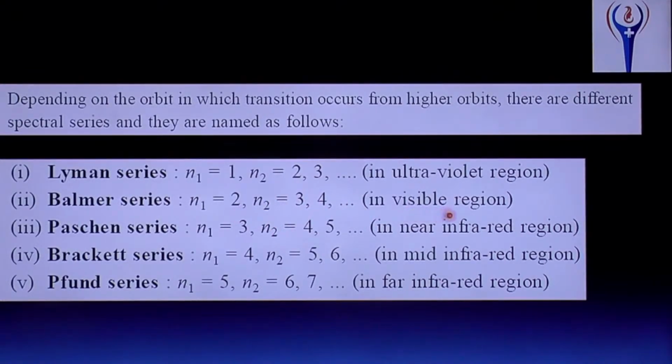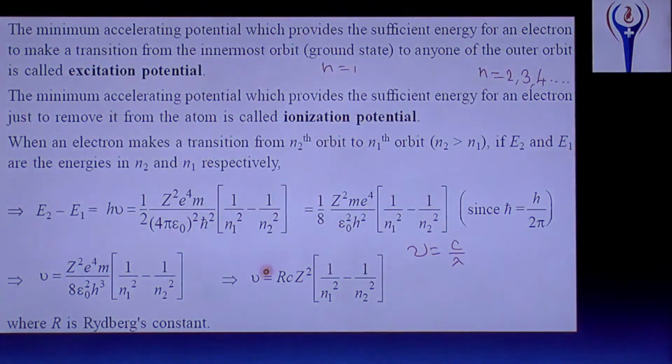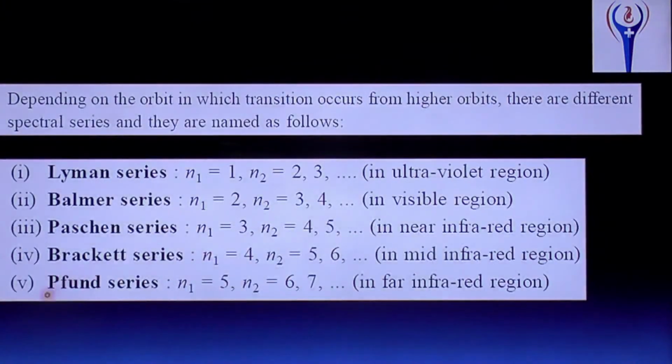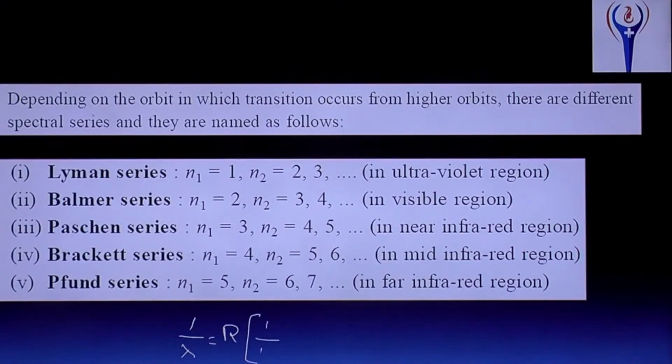region. So in this formula, I'll write there: 1 by lambda equal to R into 1 by n1 square minus 1 by n2 square.